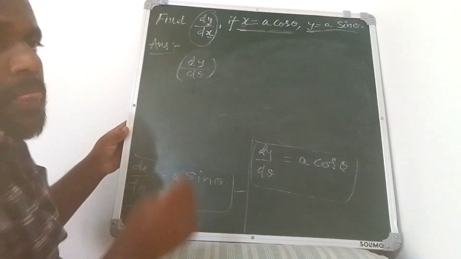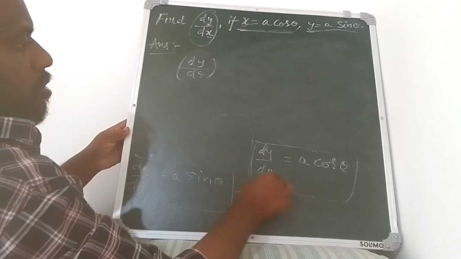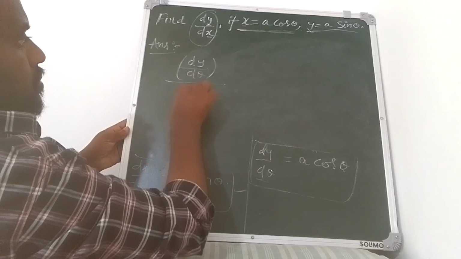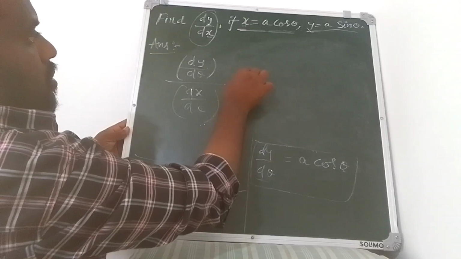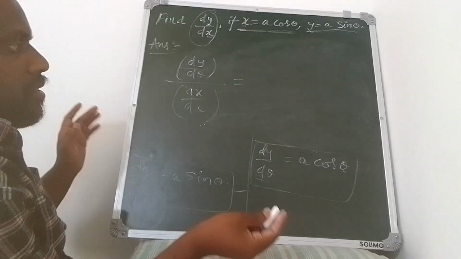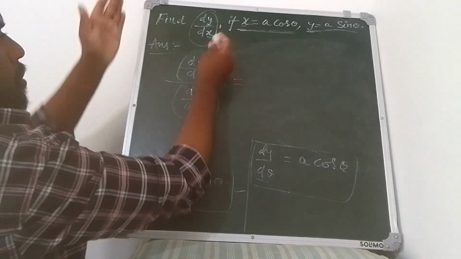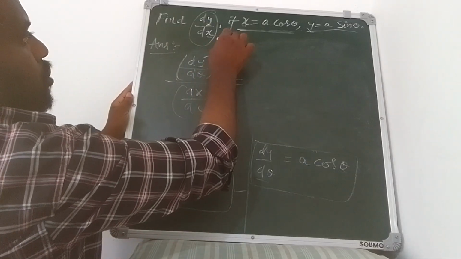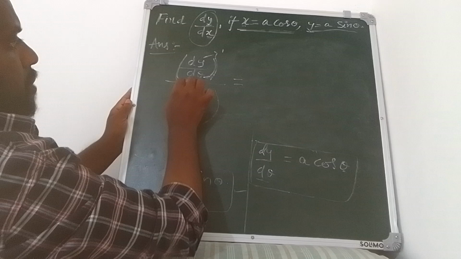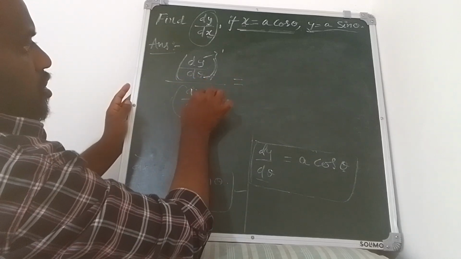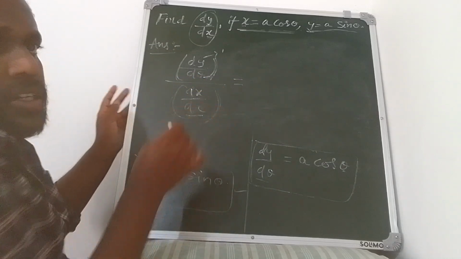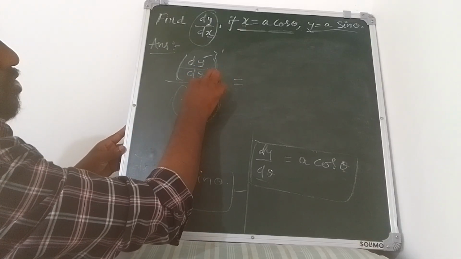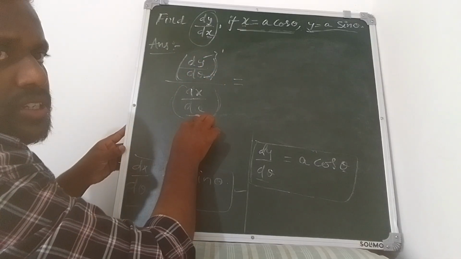If I divide this dy by d theta by this dx by d theta, what will we get? If you consider only this part, this is the numerator, this is the denominator. In this part, dx is the numerator, d theta is the denominator. You can see here the denominator is d theta, and here the denominator is d theta.